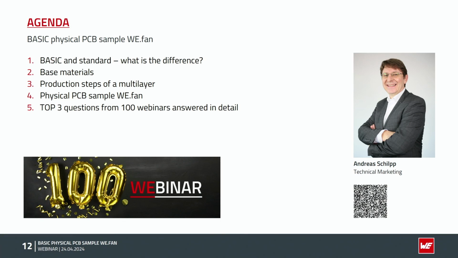Then we will have a look at the physical PCB sample for the basic technology which is called WE.fan. And last but not least, we will answer the top 3 questions from our 100 webinars in detail. So that's it for today.